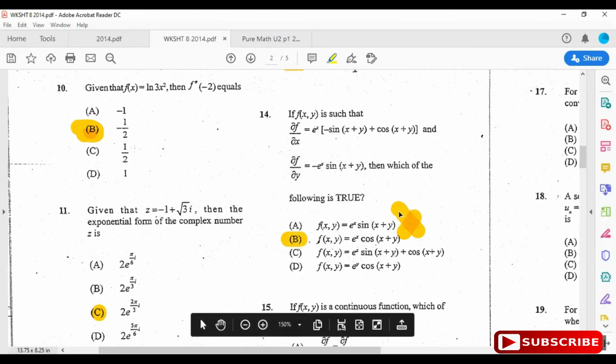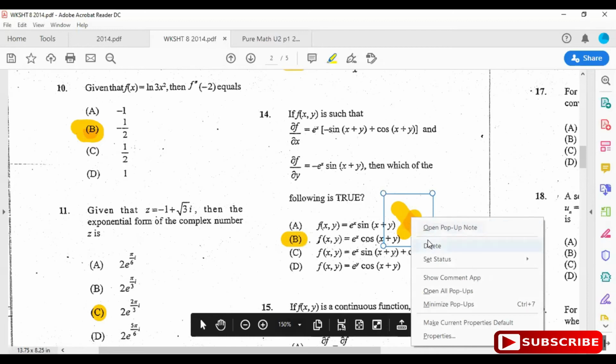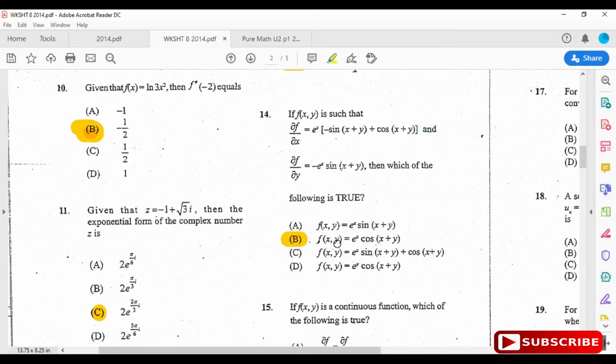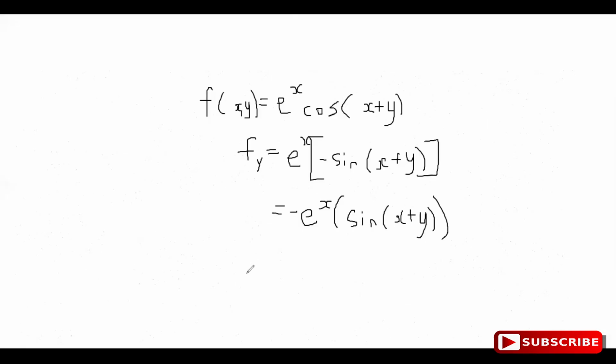Now you can go even further. Let's say you don't feel comfortable with that. When you differentiate this one with respect to x, you should get this on the top. So if you don't feel comfortable with just doing one partial derivative, you can find the partial derivative with respect to x by keeping the first, then you differentiate the second.